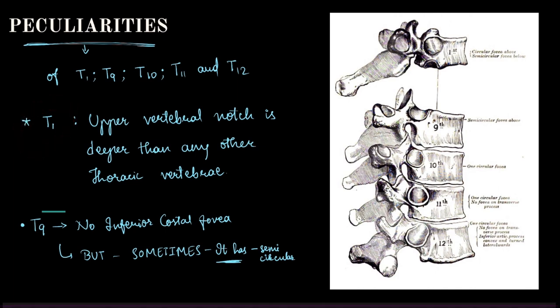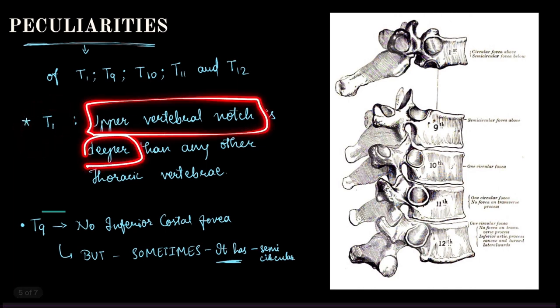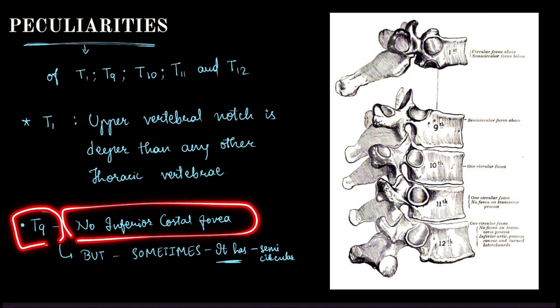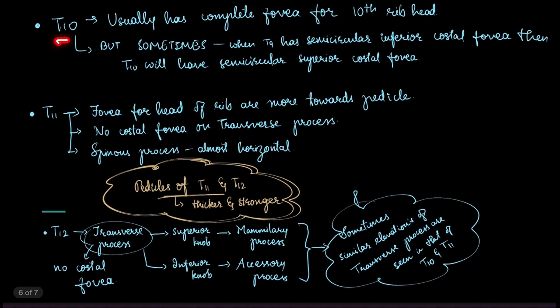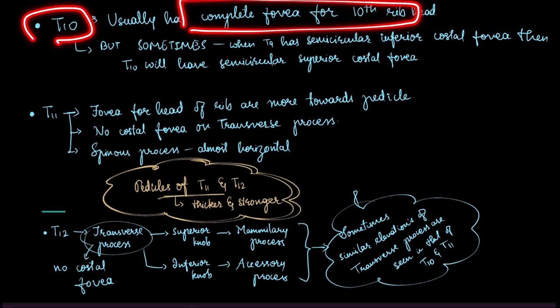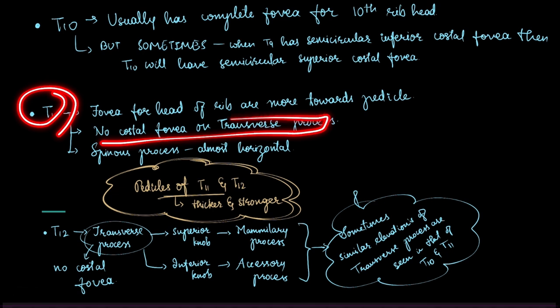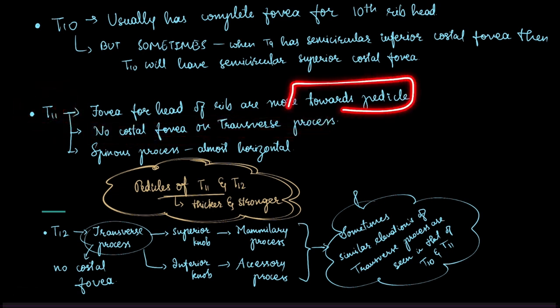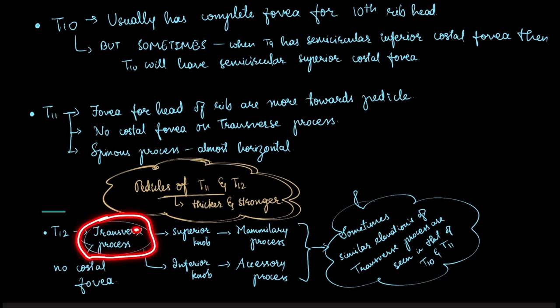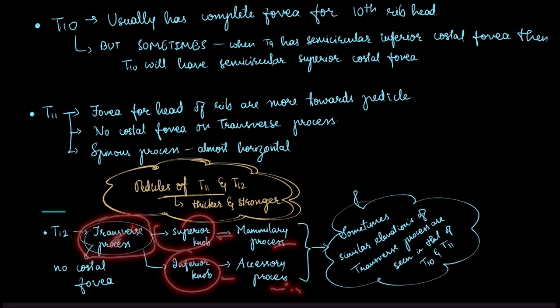Peculiarities. First thoracic vertebrae has upper vertebral notch deeper. 9th thoracic vertebrae does not have inferior costal fovea. 10th thoracic vertebrae has complete superior costal fovea for 10th rib. 11th thoracic vertebrae, no costal fovea on transverse process, and superior costal fovea is more towards pedicle. 12th thoracic vertebra, its superior and inferior part of transverse process gets modified into mammillary and accessory processes respectively.